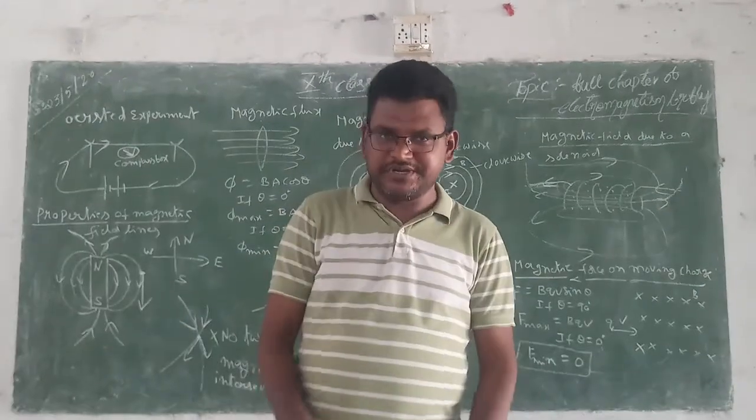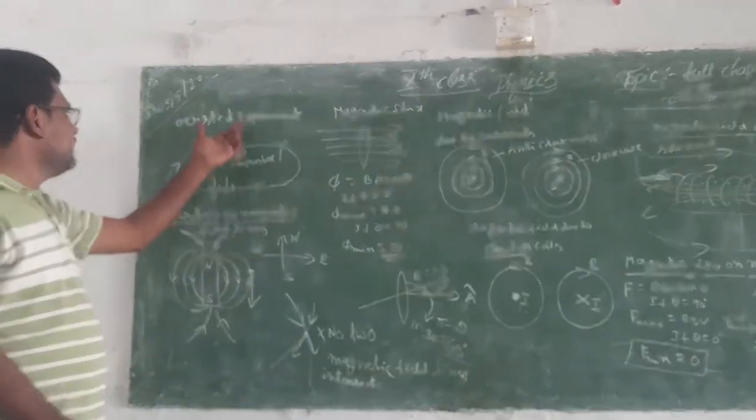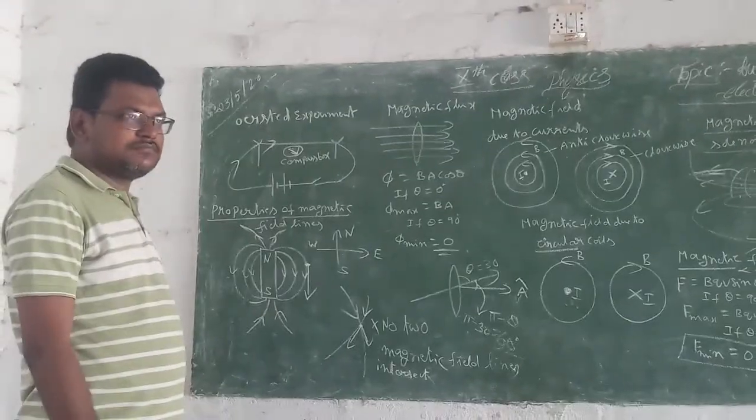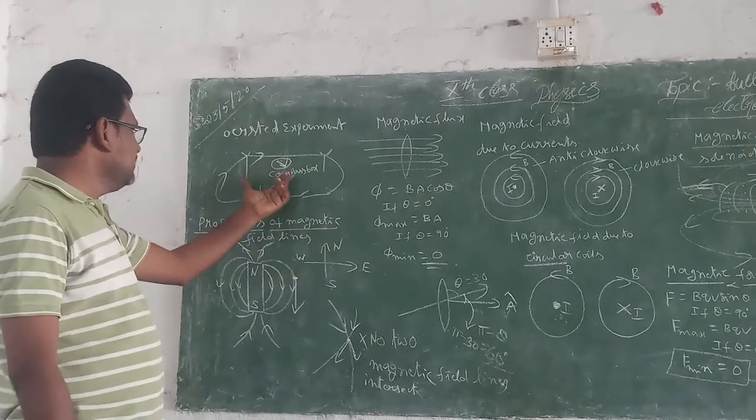So let's see. In the electromagnetism chapter, the first one is the Oersted experiment. In the Oersted experiment, we make a simple circuit in this way.